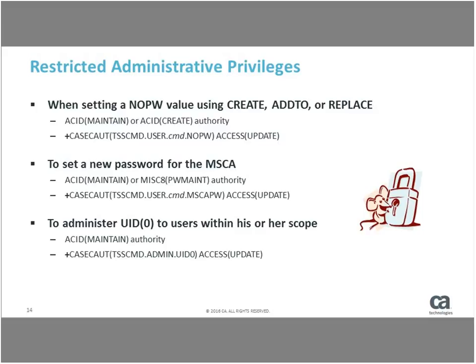Hey, Paul, there's another question that I'll try to read. When a new SCA is created by converting a type user to type central, we have to do this from the MSCA. Can CASECAUT be used to allow other SCAs to do this? Let's see.